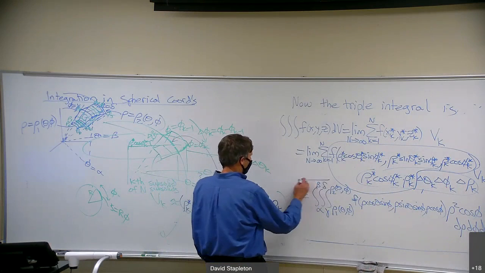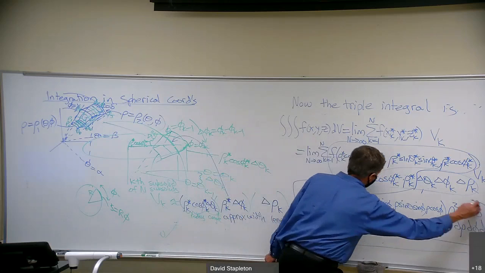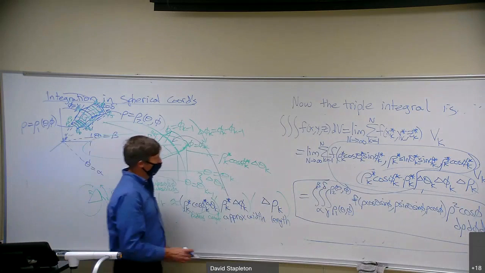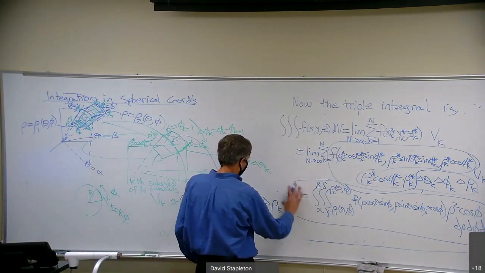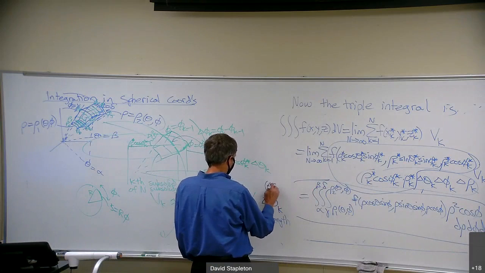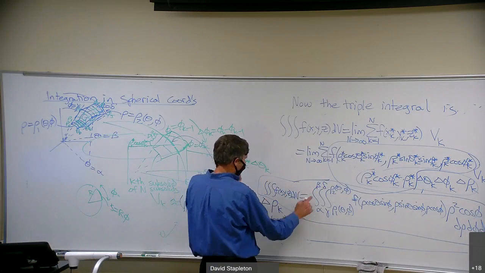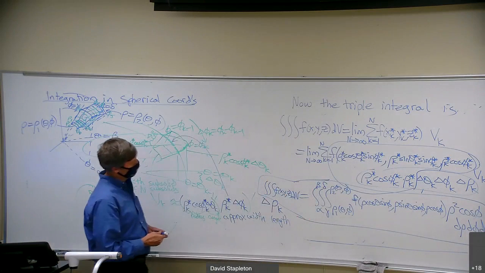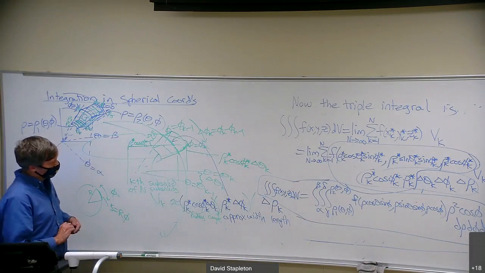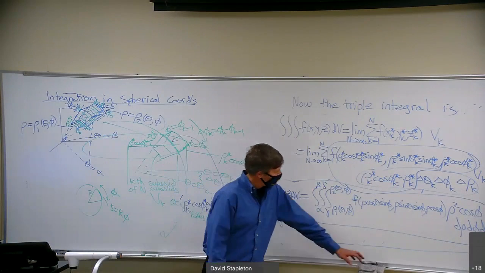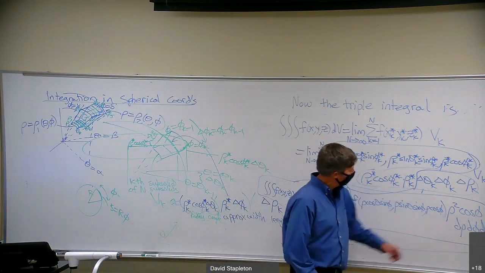And here is how you evaluate these in spherical coordinates. So we can say the triple integral of a continuous function f of x, y, z, dV, can be evaluated this way using spherical coordinates. And admittedly, we have to leave out a lot of the details on that one. But that's just to show you where the rho squared cosine phi comes from.